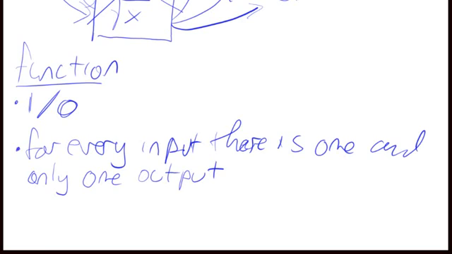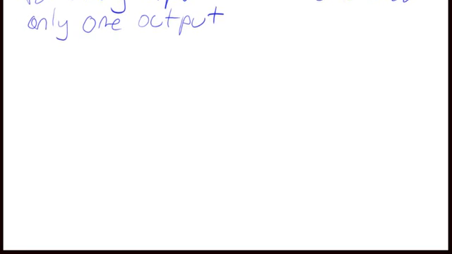Okay? So, of course, in math, we are interested in functions that use numbers. Not just any old function, but functions that use numbers. So, let's look at one. We actually had one earlier. Y equals x squared. Alright.